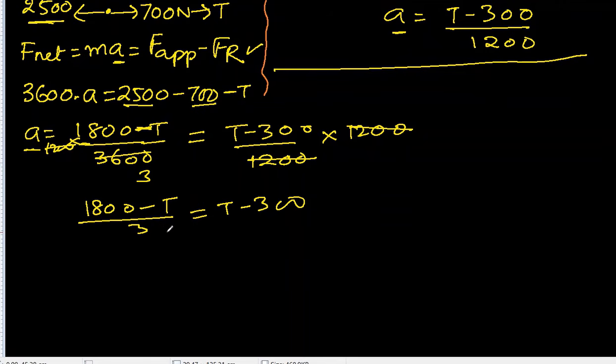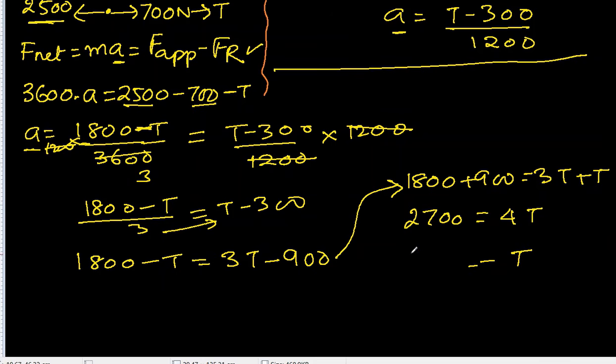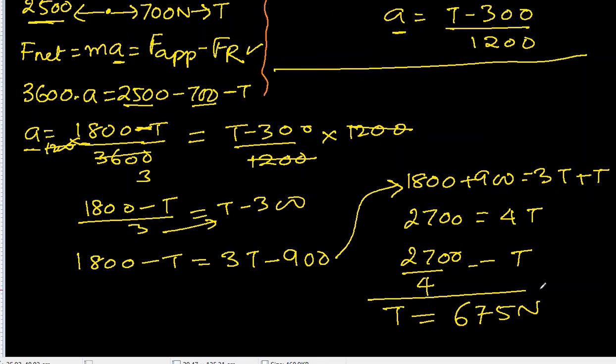Let's cross multiply 3 to the other side. 1800 minus T equals 3T minus 900. So 1800 plus 900 equals 3T plus T. 2700 equals 4T, and T will be 2700 divided by 4, that should be 675 Newtons. This is the tension they are asking.